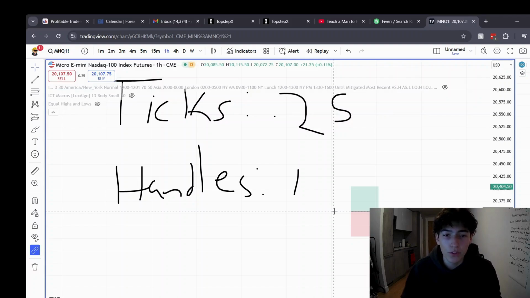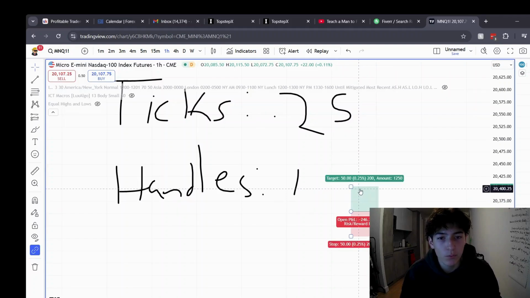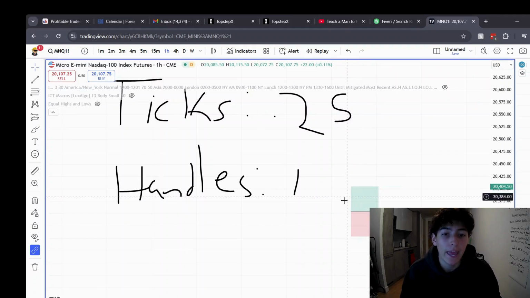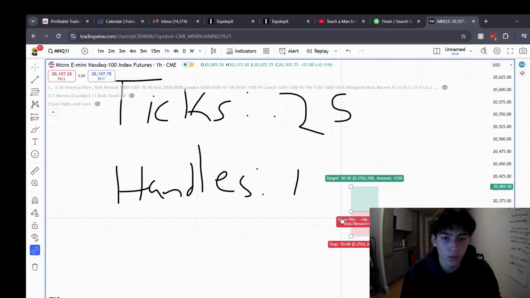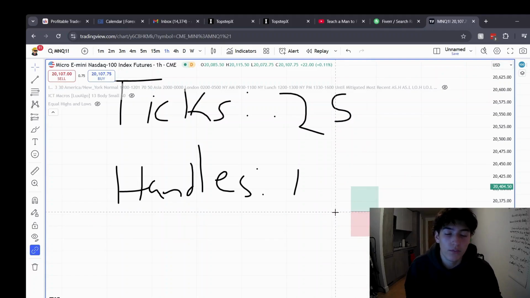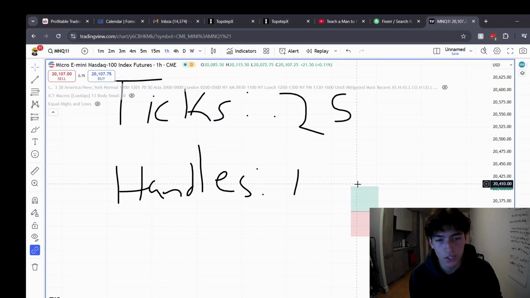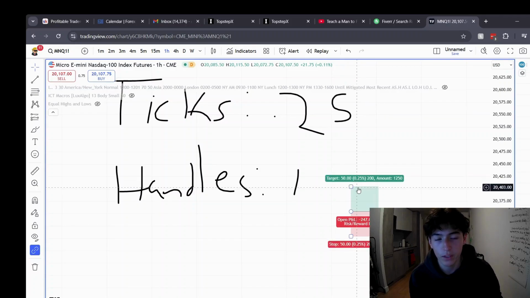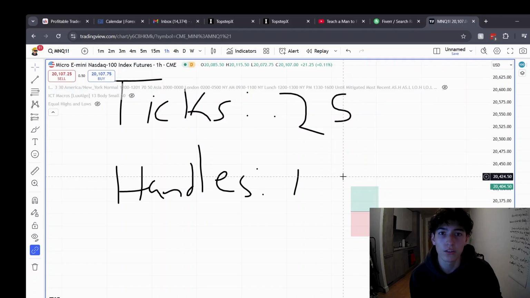If you enter with one contract here and you have a take profit of 50 points and a stop loss of 50 points, then if the chart moves to your take profit, you make $100.